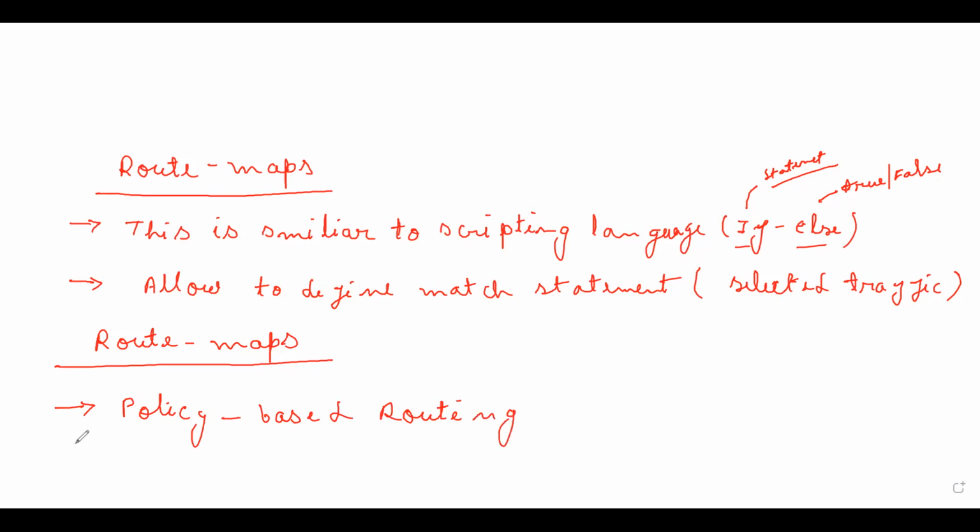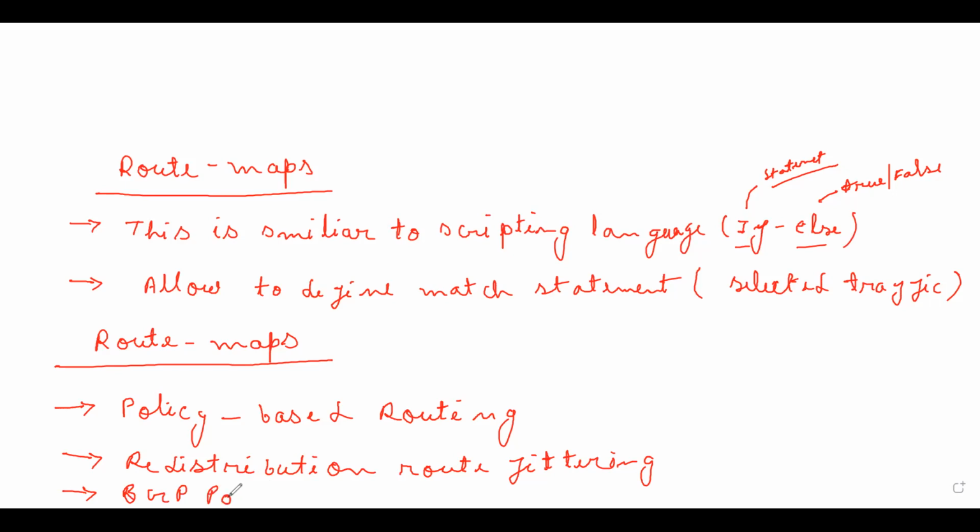Redistribution route filtering: then we use route map. For traffic filtering also we use route map. Sometimes the name is very hard but the work is very easy. BGP policy implementation, that was my issue. That's why I come here again to route map. BGP policy implementation also we use route map.